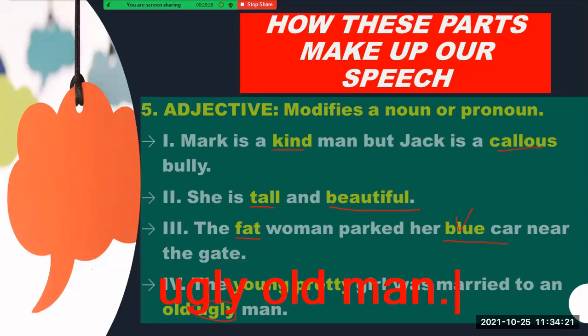It's good that I draw this to your attention, because if you don't know, you can present your adjectives wrongly when you are using two or more adjectives together.